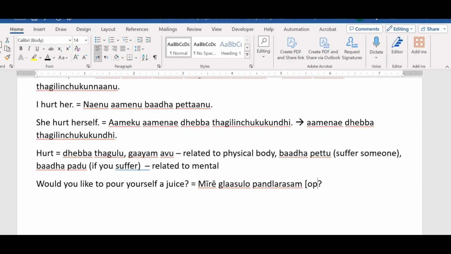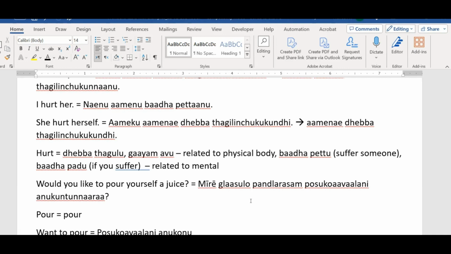పోసుకోవాలనుకుంటున్నారా? పోసుకోవాలని అనుకుంటున్నారా? పోసుకోవాలనుకుంటున్నారా? Pour means pour you. Okay. Want to pour. పోసుకోవాలని అనుకోను.